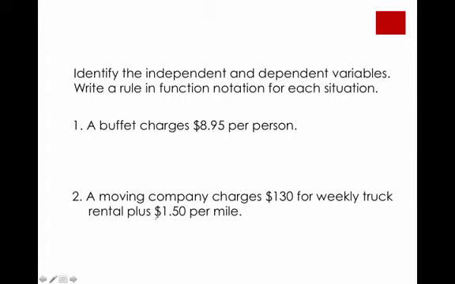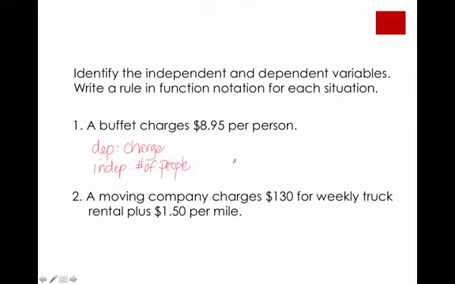A buffet charges $8.95 per person. What is my independent and my dependent variable? My dependent variable is the charge, and my independent variable is going to be the number of people, because the charge depends on the number of people.